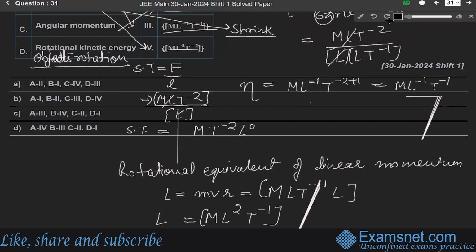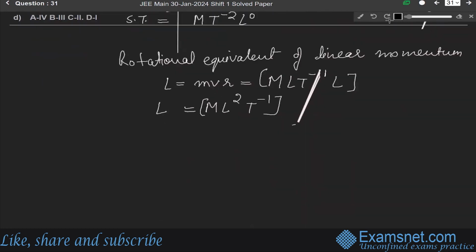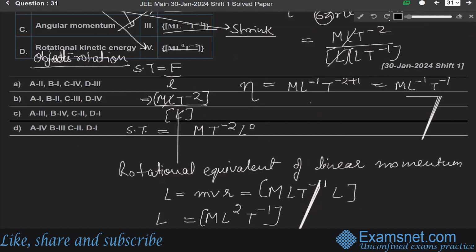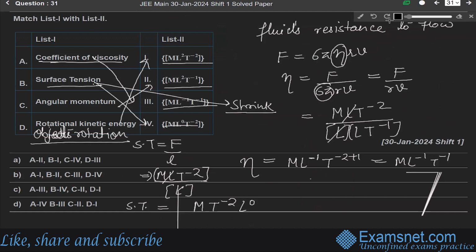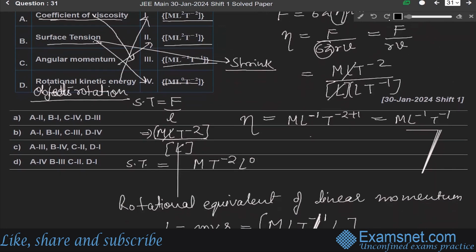So the dimension for rotational kinetic energy comes from half I omega square, since it is rotational kinetic energy. So it will be ML2 T minus 2. So it matches with option A. So the correct option is option C. A matches with third, B matches with fourth, C matches with second, and D matches with first.